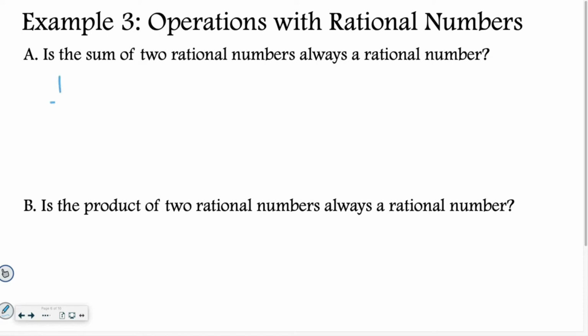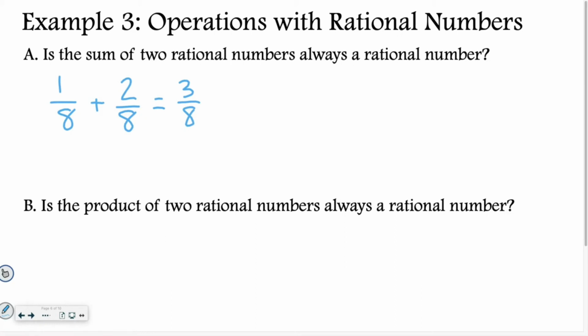So what if I did 1/8 plus 2/8? Okay, so that's two rational numbers, right? They're two fractions. Well, the sum of those would be 3/8. So 1/8 plus 2/8 is 3/8, and that is a rational number, right?